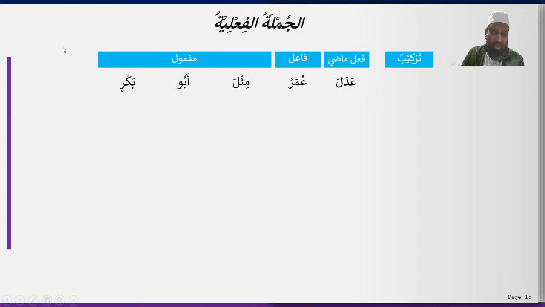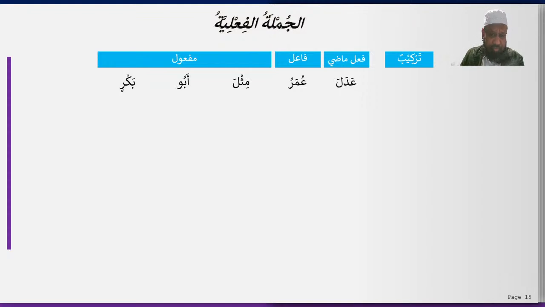What is the name of the slot here? It is maf'ul, but which one? Is that maf'ulun bihi? It can't be maf'ulun fihi because there's no zarf zaman here. So it is either maf'ulun bihi or maf'ulun mutlaq.